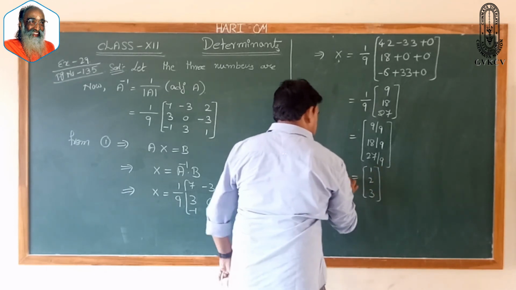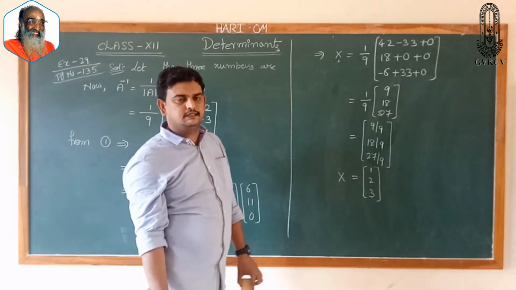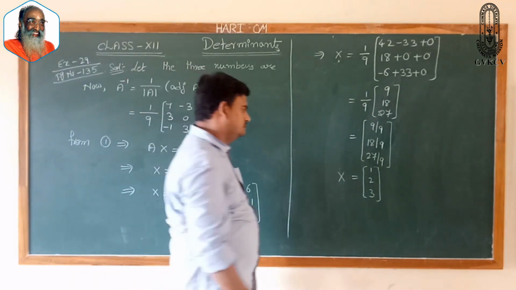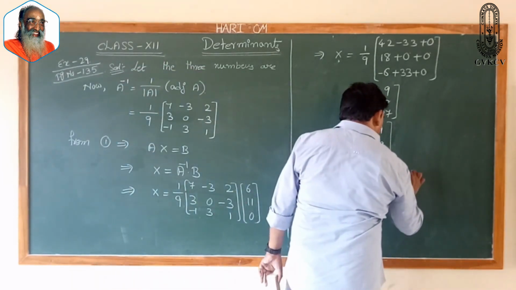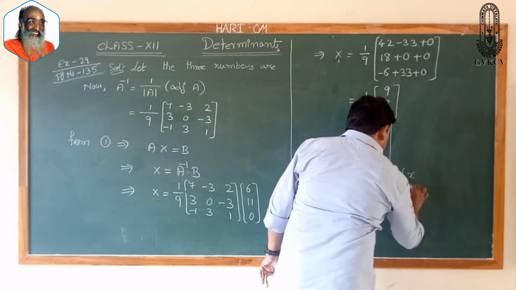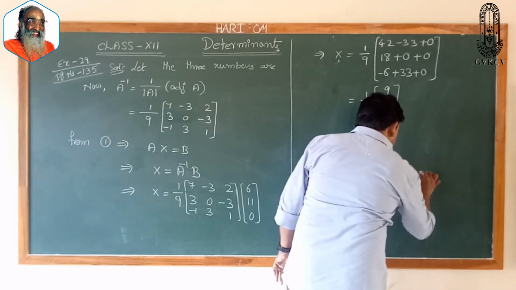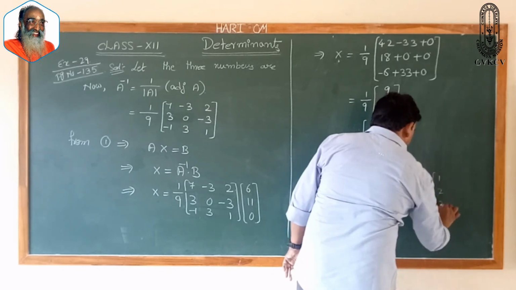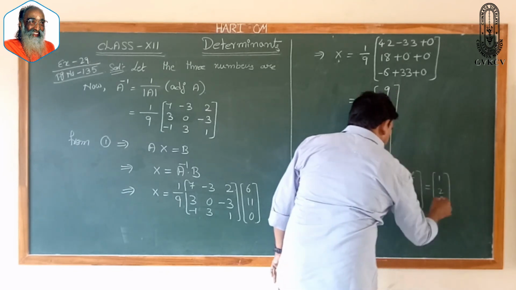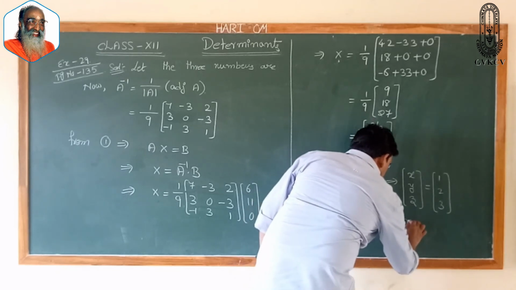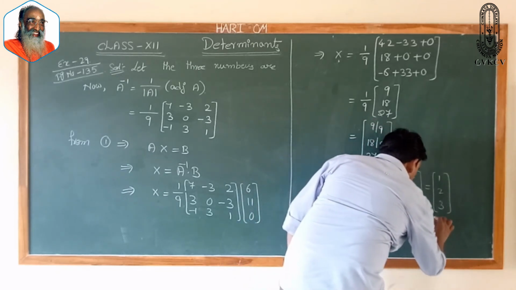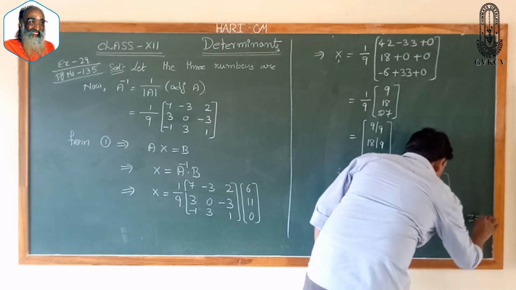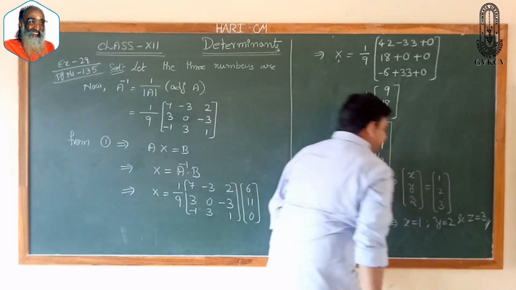What are these values? Matrix X. Matrix X is nothing but the variable matrix, X, Y, Z, that is equal to 1, 2, 3. So that we can compare the corresponding elements. We have X is equal to 1, Y is equal to 2 and Z is equal to 3.